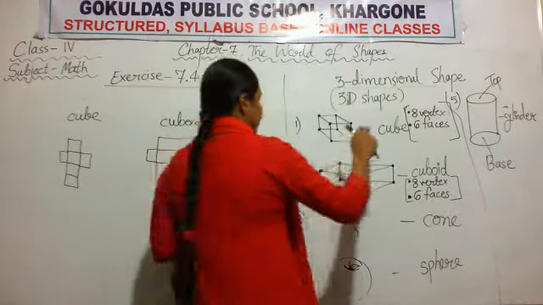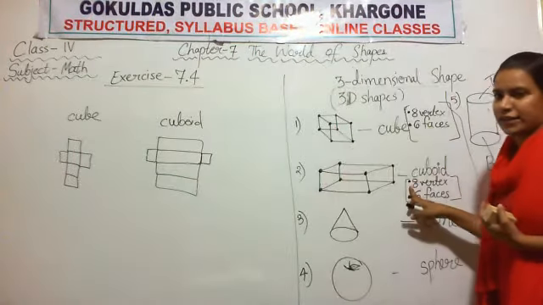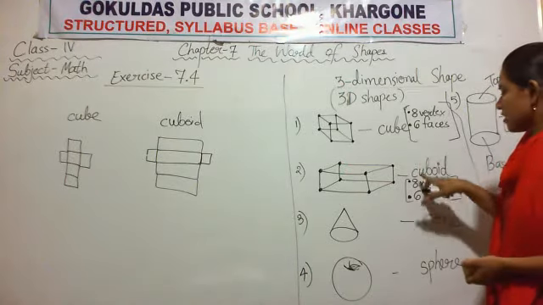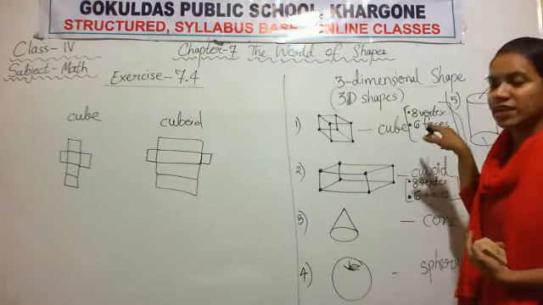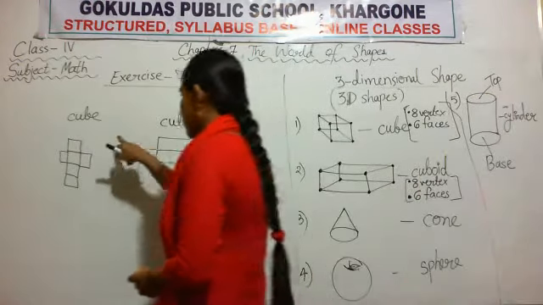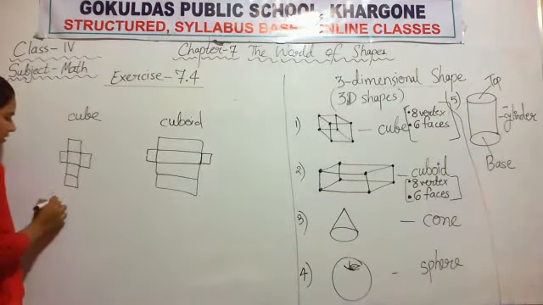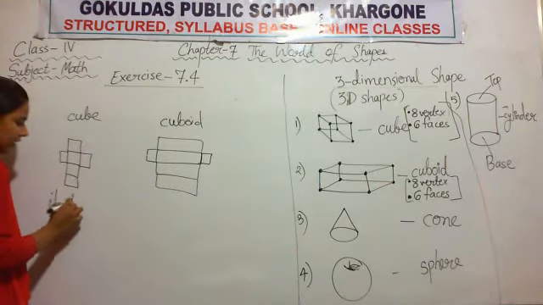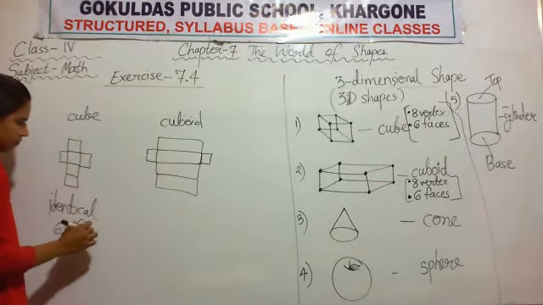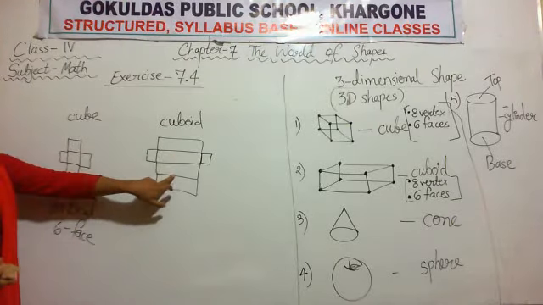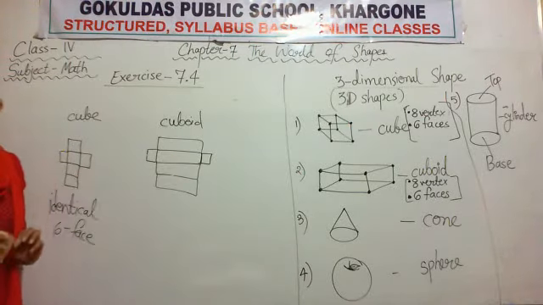Things are common here. It has edge, vertex, it also has edge, vertex. It has 6 faces. This figure also has 6 faces. But what is the difference? Cube has identical 6 faces. But cuboid doesn't have identical faces.